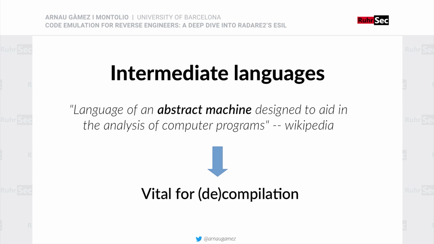So we can leverage the use of an intermediate language. Intermediate languages and intermediate representations are vital for everything that has to do with compilation and decompilation. Every compilation engine has some kind of intermediate language where it processes the code and performs the needed optimizations. Usually it takes the particular architecture, translates it to an intermediate representation, and then works with that.